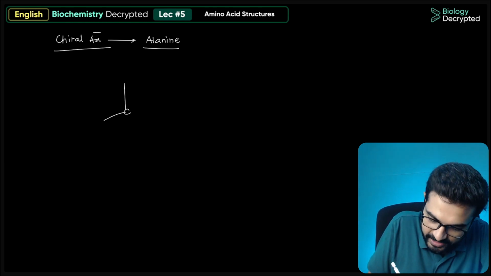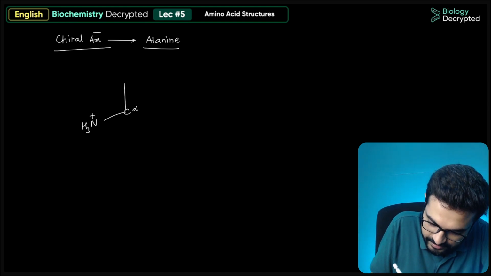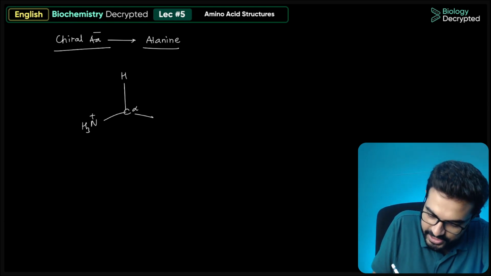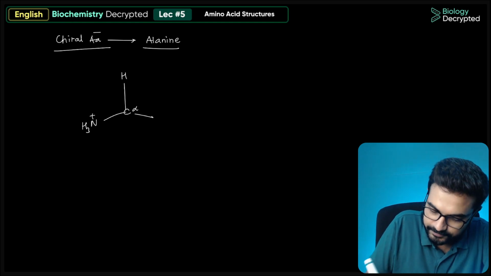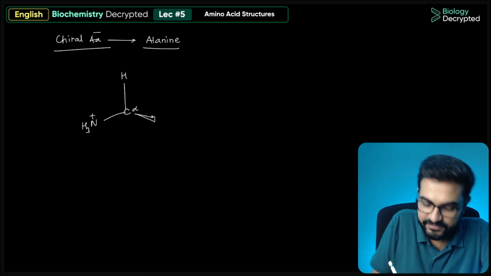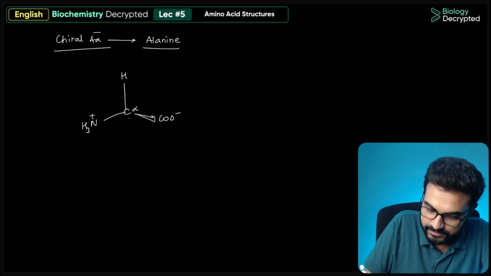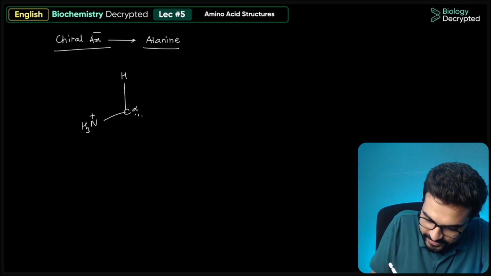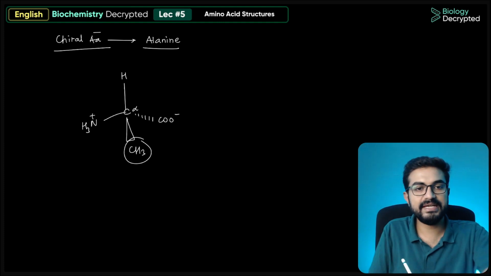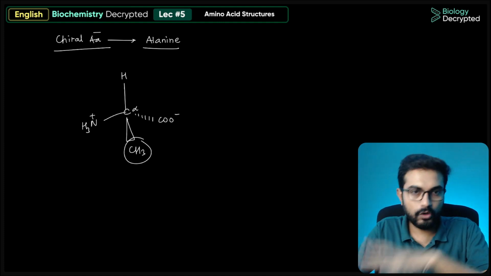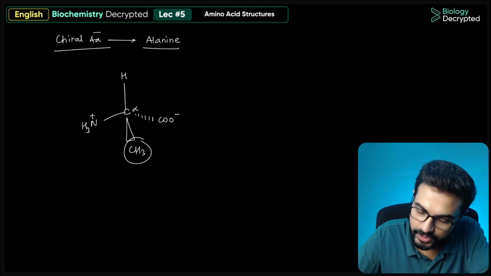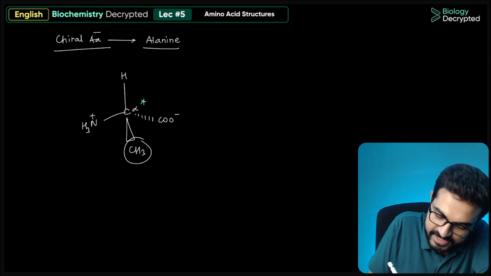Here we have the alpha carbon, then NH3 plus, H, then COO minus, and the CH3 group. So this is the R group here. Obviously it makes all four groups different, and therefore this particular carbon is chiral in nature.